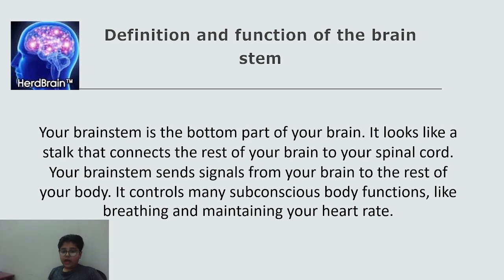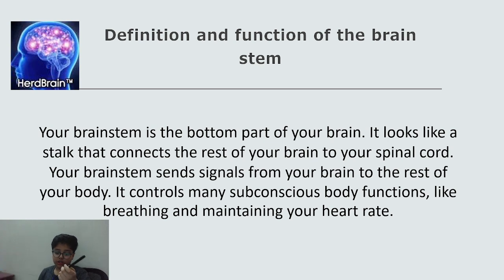As I told you, the brainstem is the bottom part. After the whole brainstem, the spinal cord starts. It looks like a stalk that connects the rest of your brain, and that is its work. This is my brainstem. This is my spinal cord.